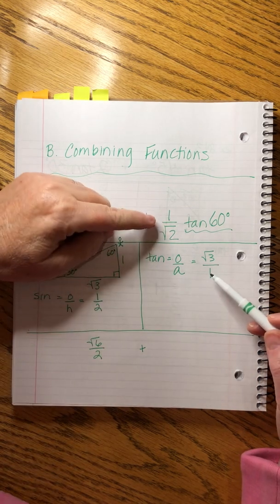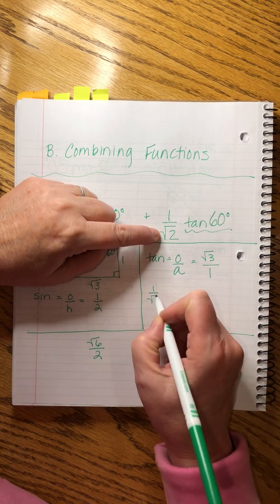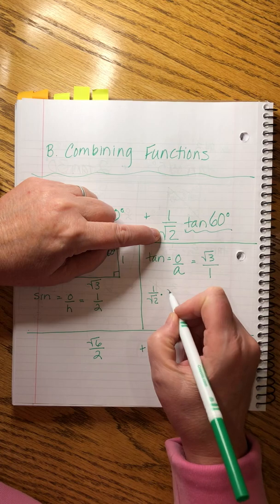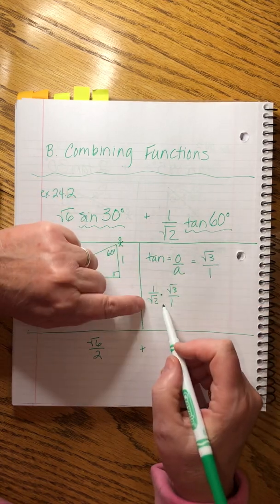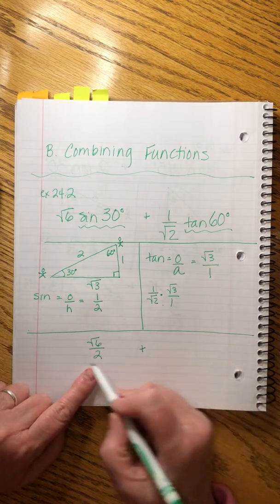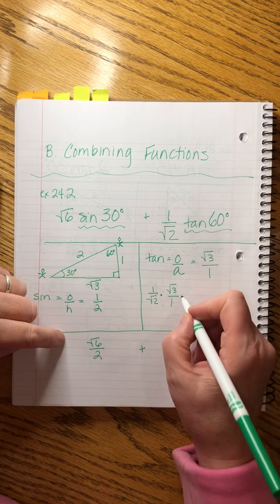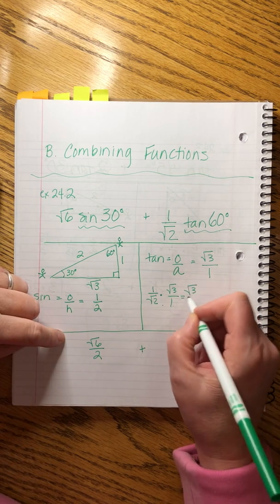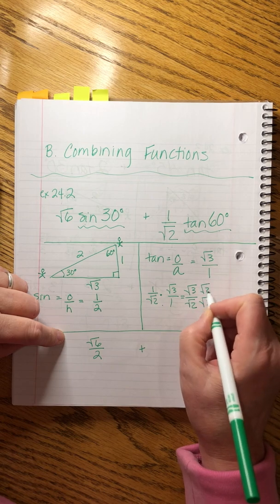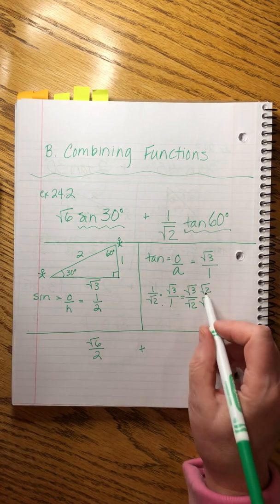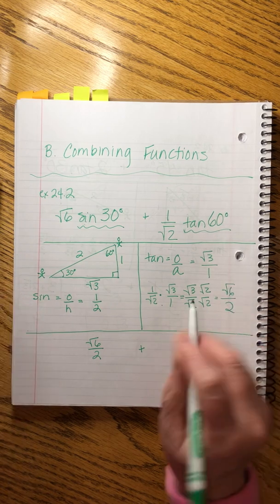Now, because it's a little bit messier, I'm going to multiply the square root of 2 times the square root of 3 over 1. I'm going to do this multiplication in the box. The other time I did it in my head and just wrote the answer down here. This one's a little more complicated though, because square root of 3 over square root of 2. Now I have to rationalize this, and my final answer is going to be square root of 6 over 2.